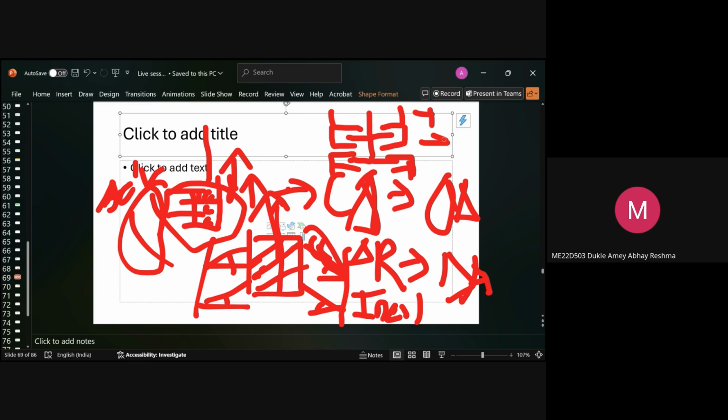This is a fixed body. If it is moving straight, A and B will move. If it is moving in the right direction, B and C will move, and if it is moving left, then A and D will move.